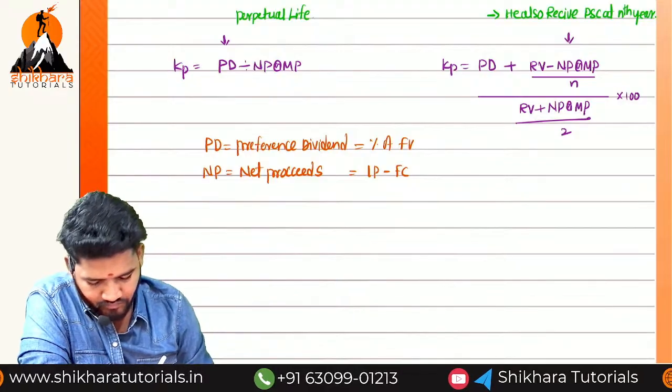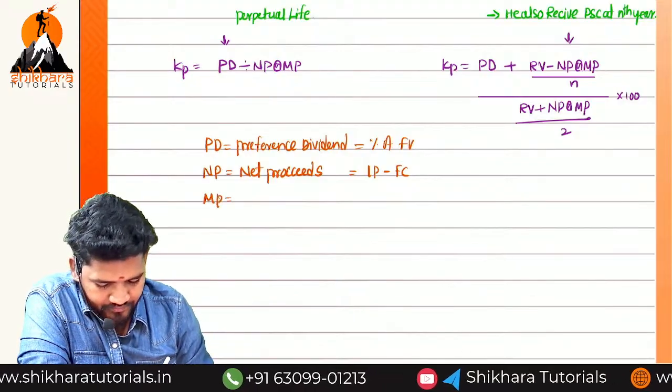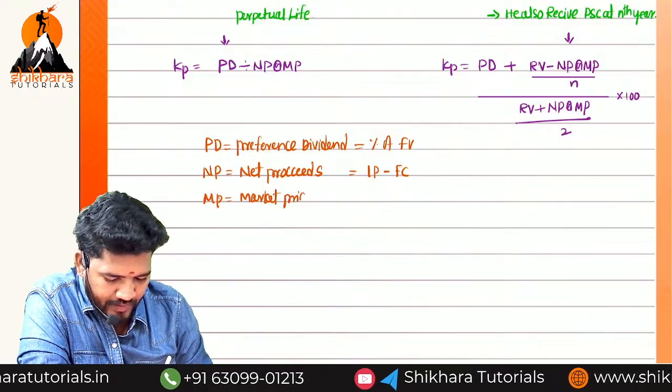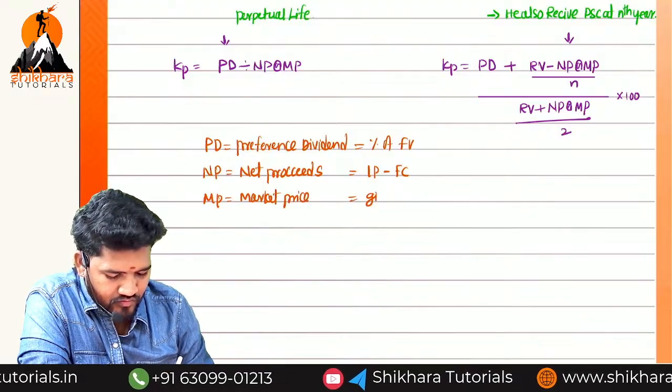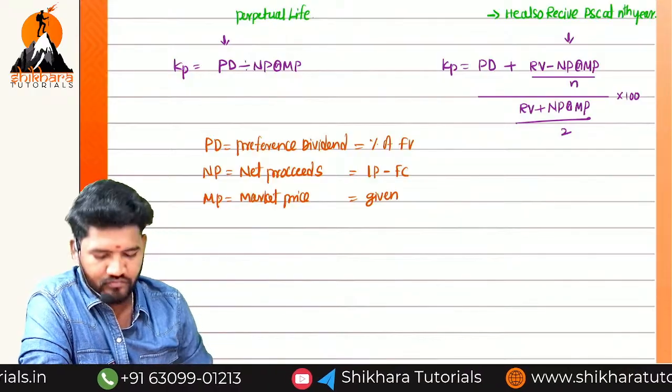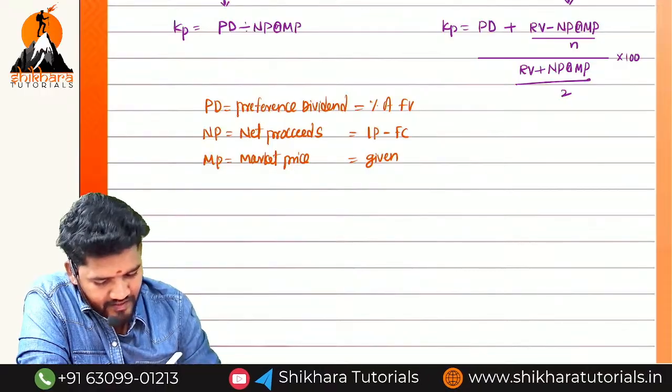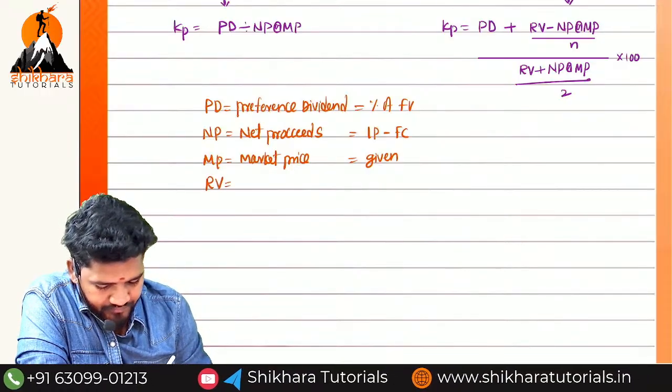Next, MP represents market price. There is no calculation, they will give it. Next, what is needed? Here also PD is there. What does RV mean?